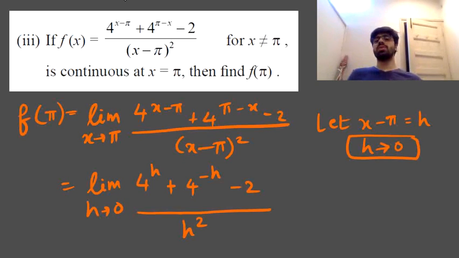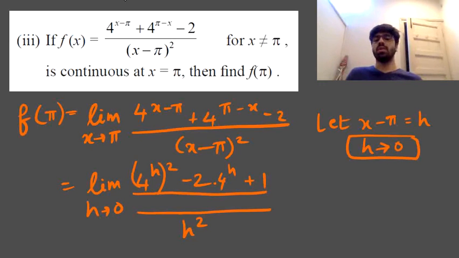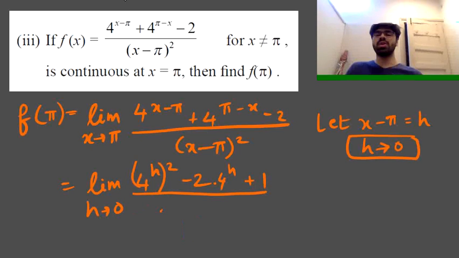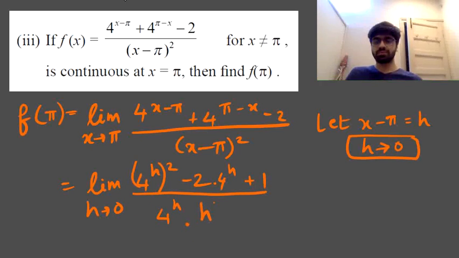Now in the numerator you can say that 4 power minus h is 1 upon 4 power h. If you combine all these terms, that is by taking an LCM, you will have 4 power h the whole square. This will get multiplied with 4 power h. So minus 2 times 4 power h, and in the end plus 1, the whole thing divided by 4 power h. You can keep that 4 power h and h square together in the denominator only.